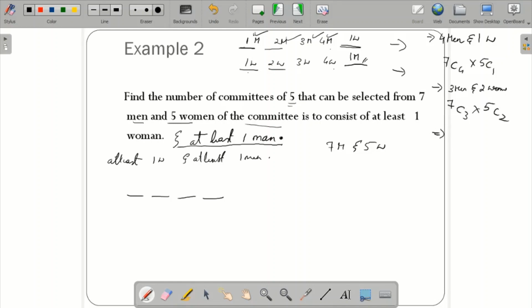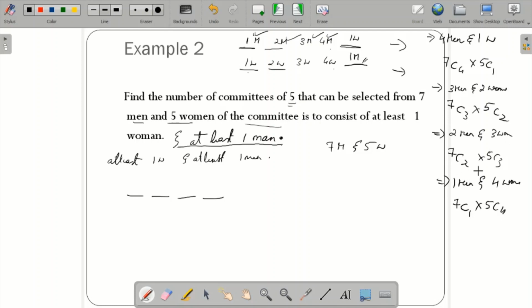Next I can choose 2 men and 3 women, so it is 7C2 into 5C3. Next I can choose 1 man and 4 women, so it is 7C1 into 5C4.